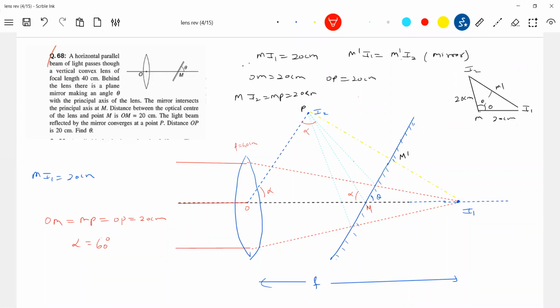This should also be theta. Alpha plus theta should be 180. 60 plus 2 theta equal to 180. So theta is equal to how much? 60 degrees.